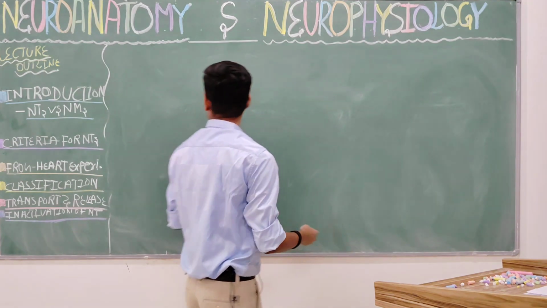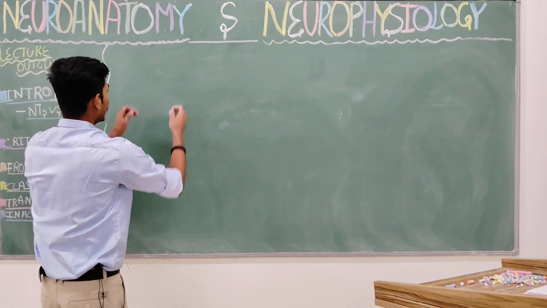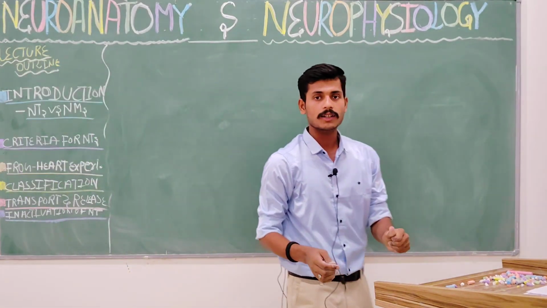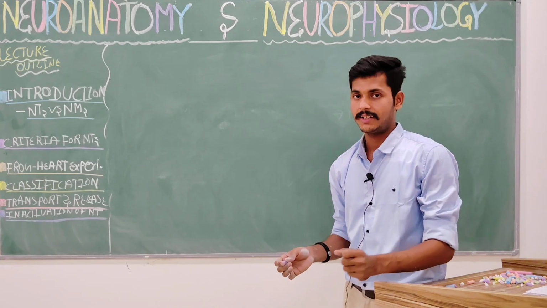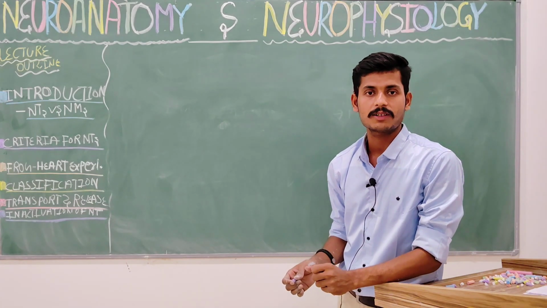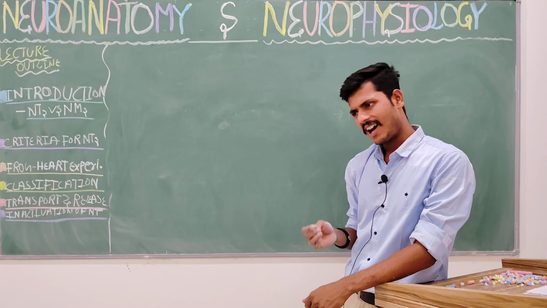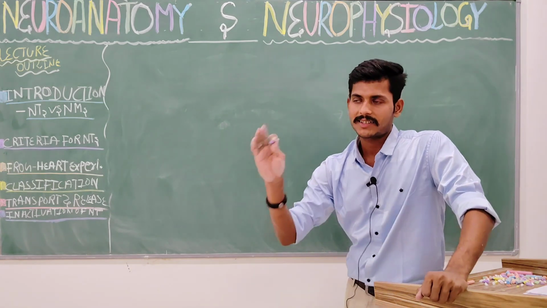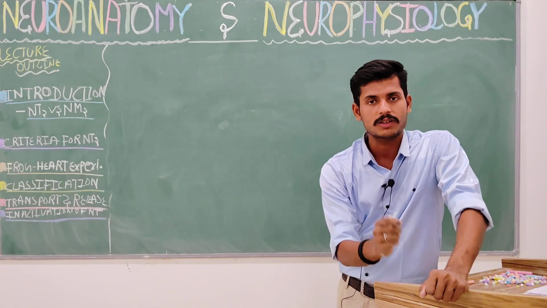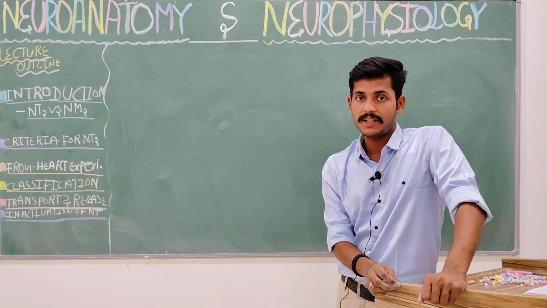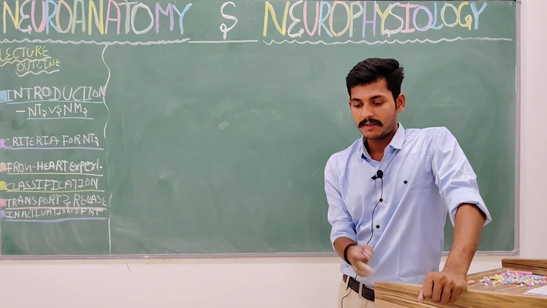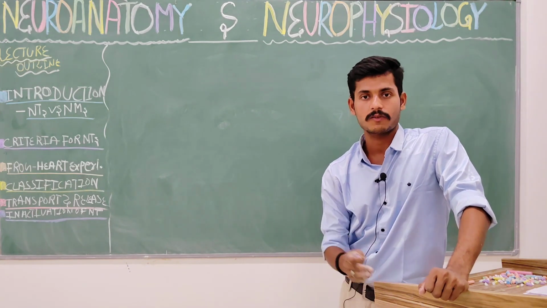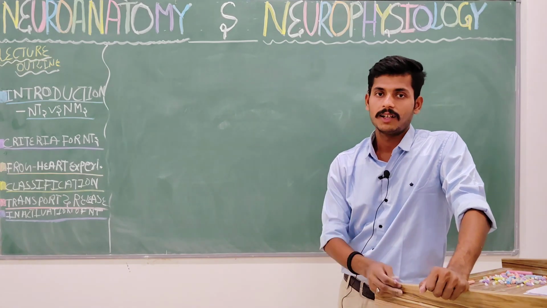Okay, now we are going to define that. We said that not all the chemicals present in our central nervous system are neurotransmitters. Then how will we understand that this chemical is a neurotransmitter and this is not? There must be some criteria, some features which distinguish a neurotransmitter from the rest of the chemicals.